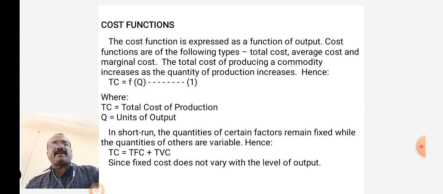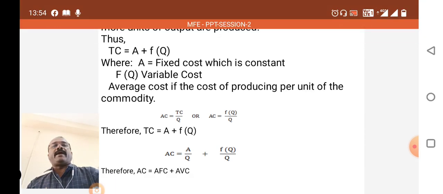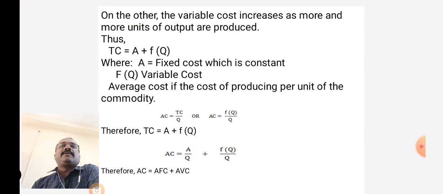Let's move on to the second slide. On the other hand, variable cost increases as more and more units of output are produced. This is very interesting as far as industries are concerned.